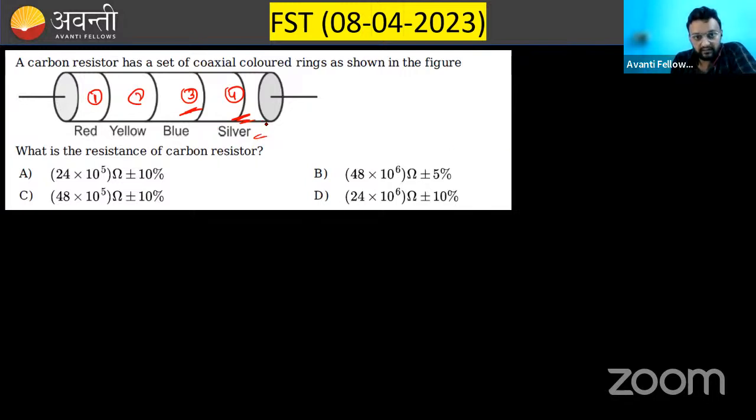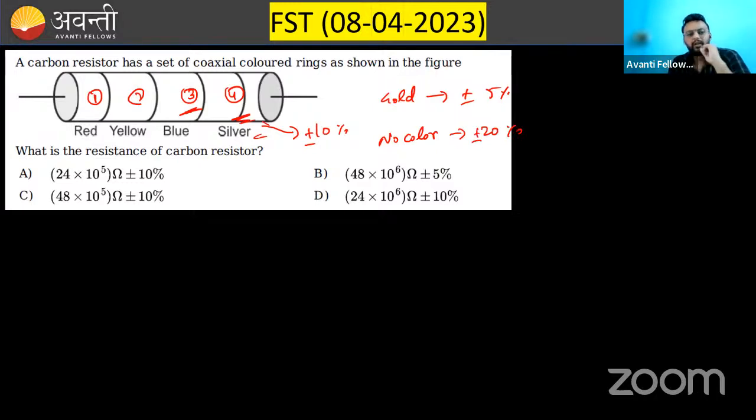So silver color has a tolerance of plus minus 10%. Out of these, there is a gold. Gold color has a tolerance of plus minus 5%. And there is another choice, that is no color. If the fourth strip has no color, then it will be 20%. This is the tolerance I am talking about.